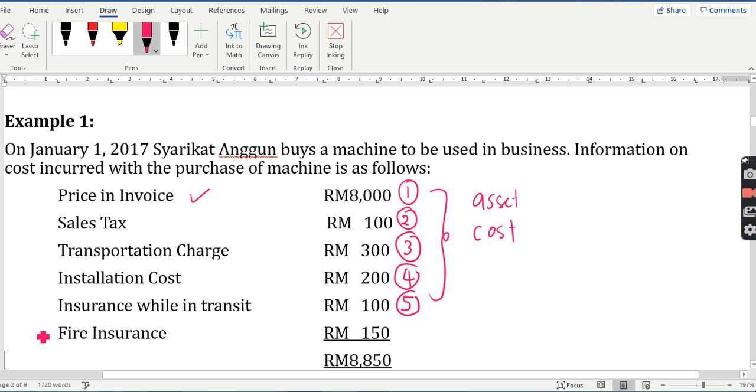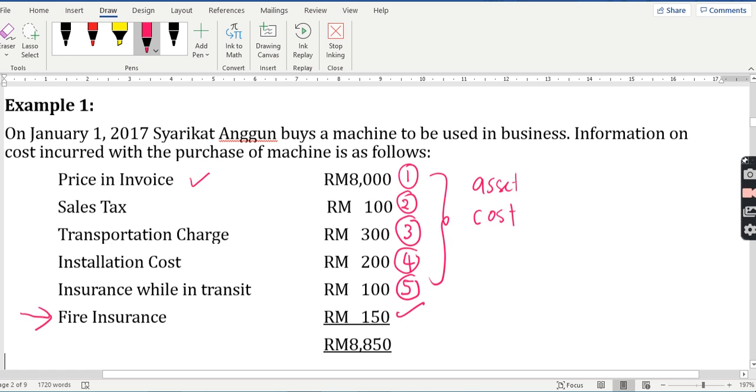But there's another item, the fire insurance. Even though we need to pay for this, it is not compulsory, so it won't be included in the cost price of the asset. But still we need to pay for the item.